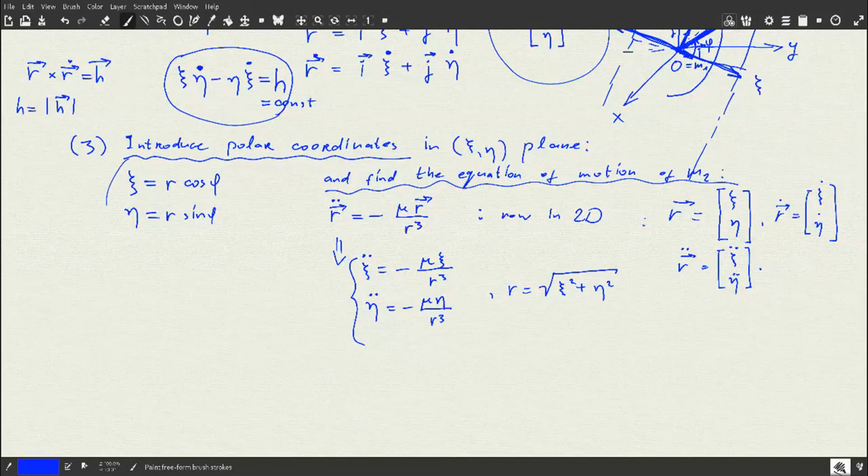Now, by introducing the polar coordinates, we also need to introduce the corresponding derivatives of them over time up to second order derivatives.